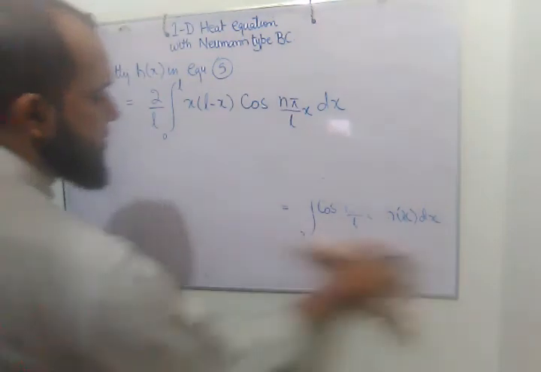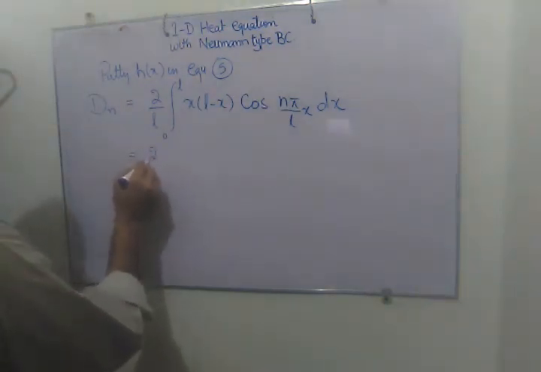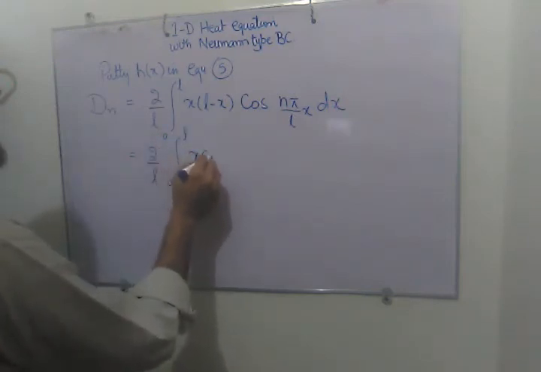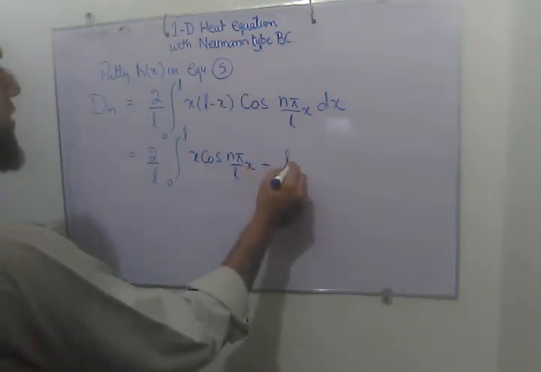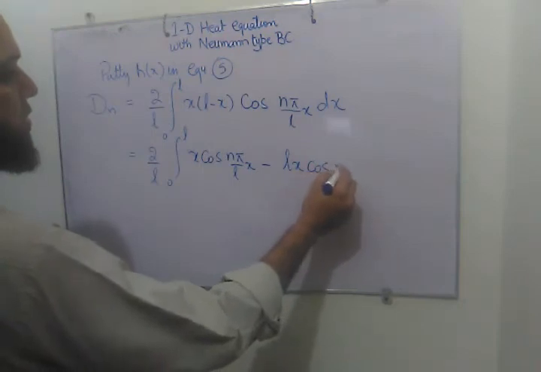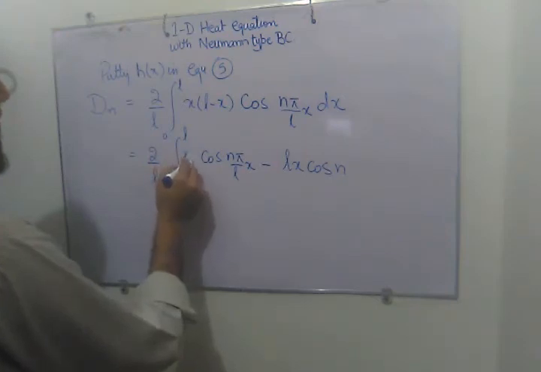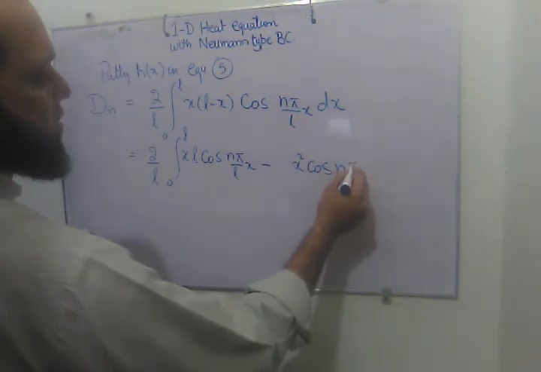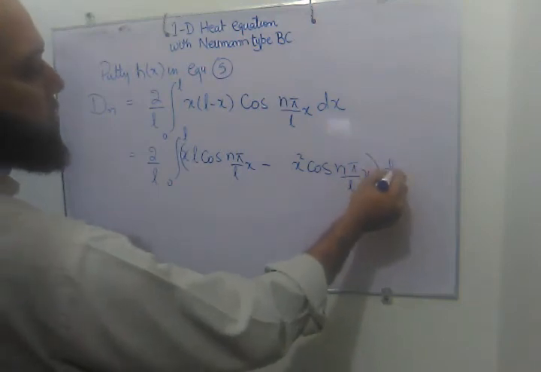Further simplified, this will become 2 by L, integral of Lx cos n pi upon L x minus x square cos n pi upon L x dx.